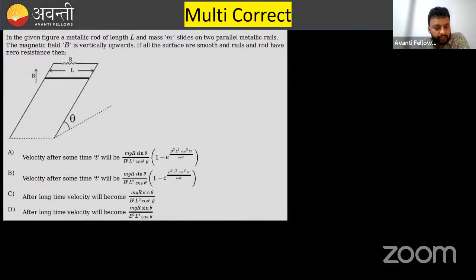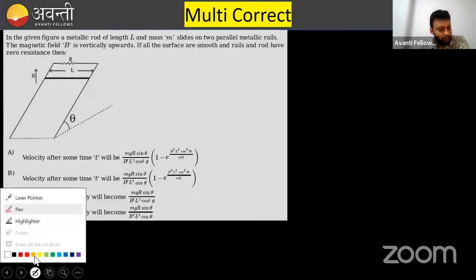This is a multi-correct question. Multi-correct questions have partial marking, but if you select any wrong option, then there will be 50% negative marking as well.